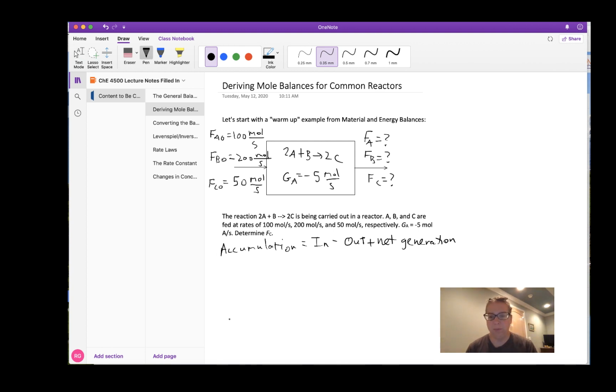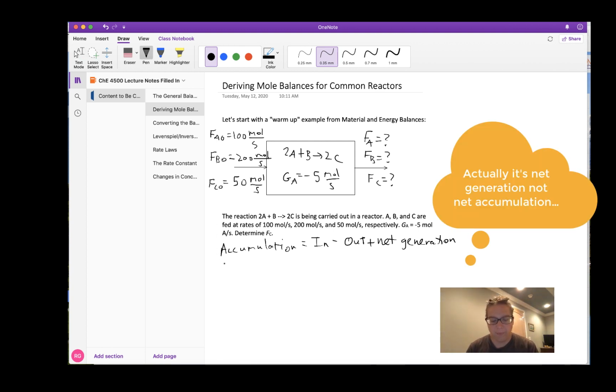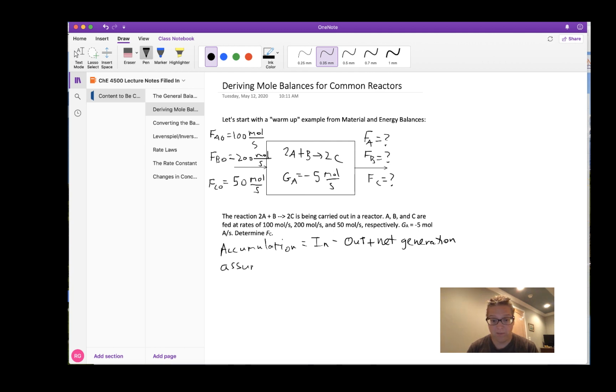Accumulation equals in minus out plus net generation. I'm going to do one thing right away, and that's to make an assumption that the reactor is at steady state. It's a reasonable assumption to make. I have no reason to assume that this is a non-steady state reactor.